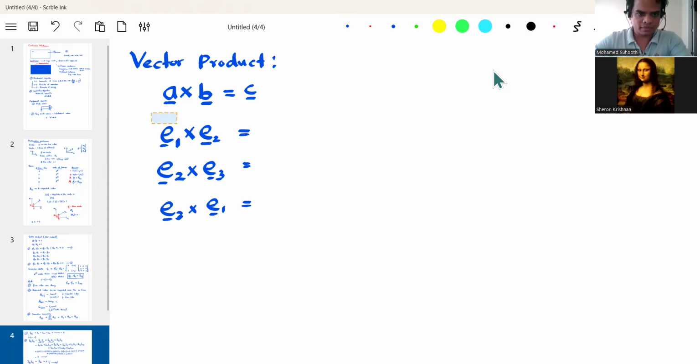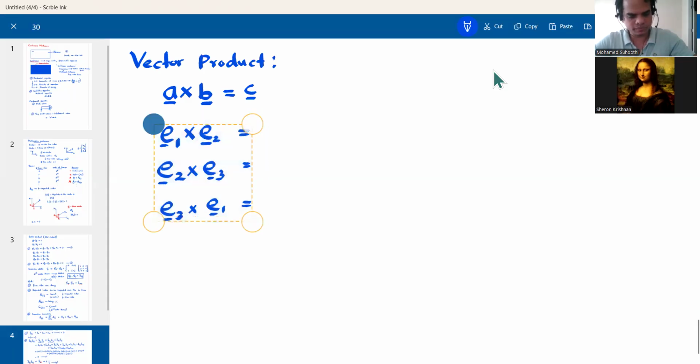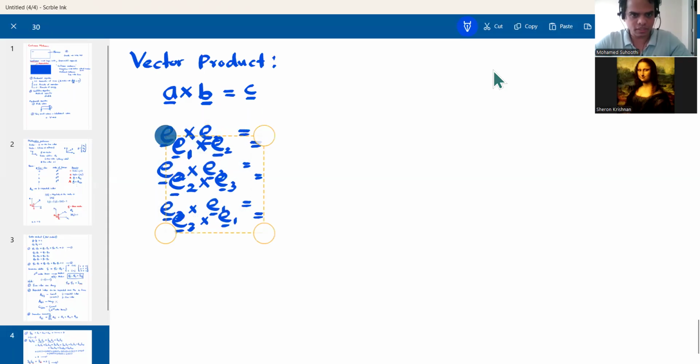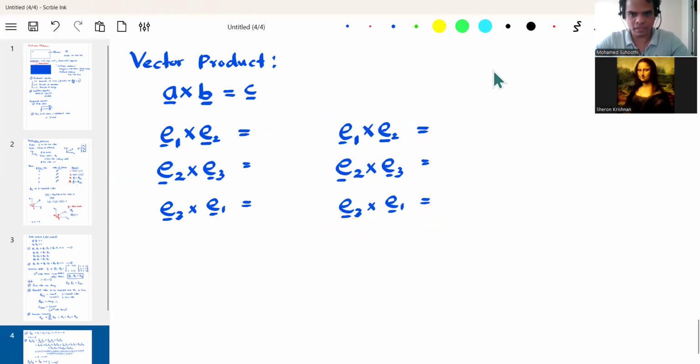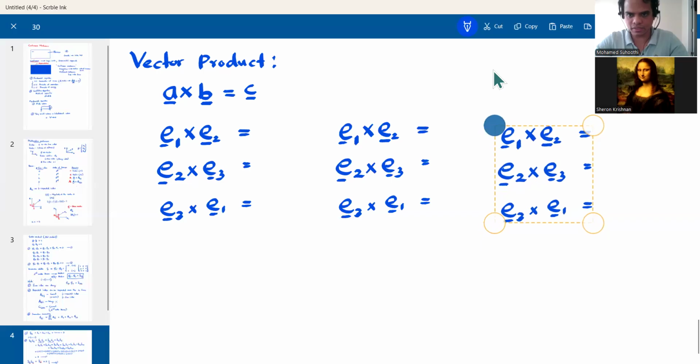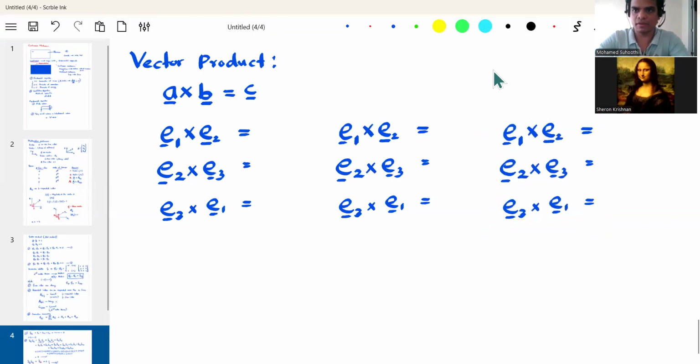The same thing. You can write it this way, right? I'll put another column this side. So now here, I'm going to change the order.